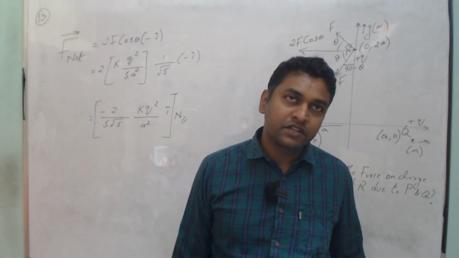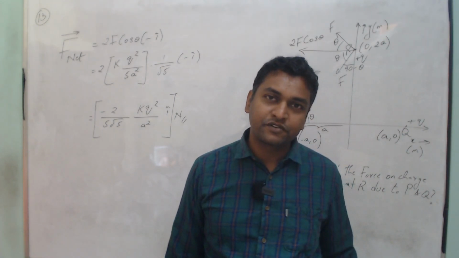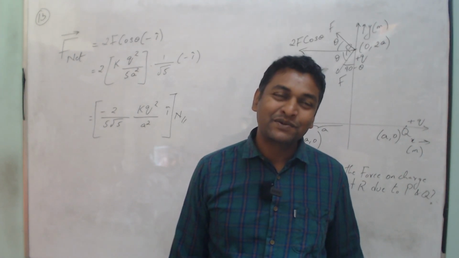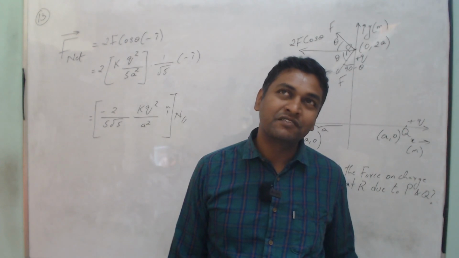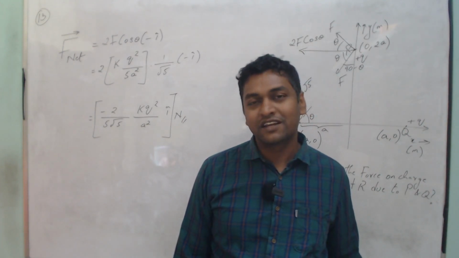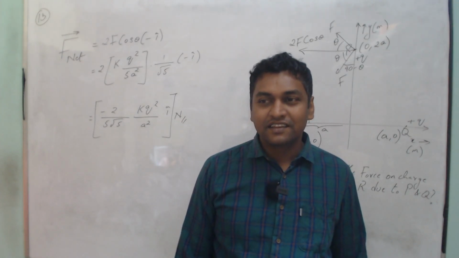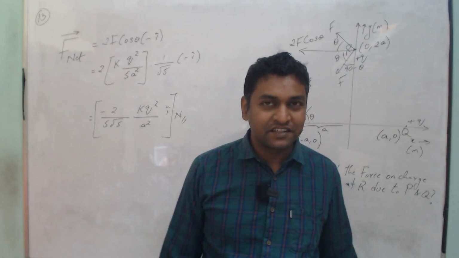That doesn't mean remove vector form, because vector is what makes solving easy. So what we are actually learning here is not electrostatics, we are learning how to implement our knowledge of vectors, right?